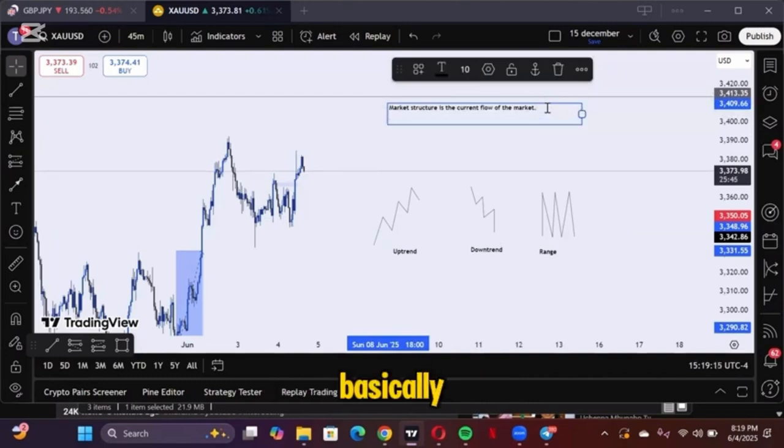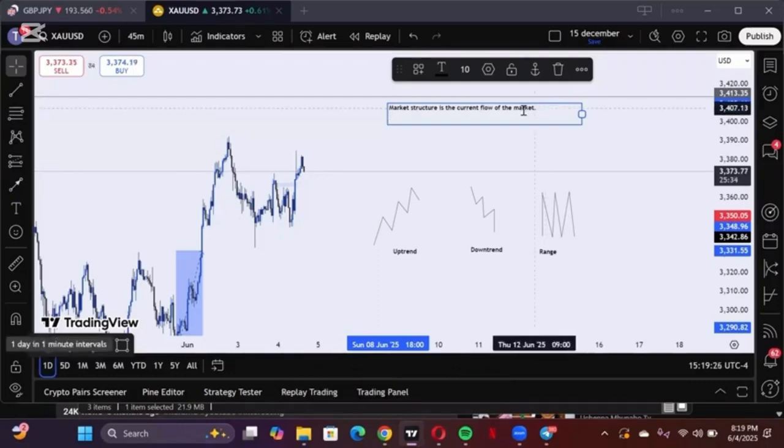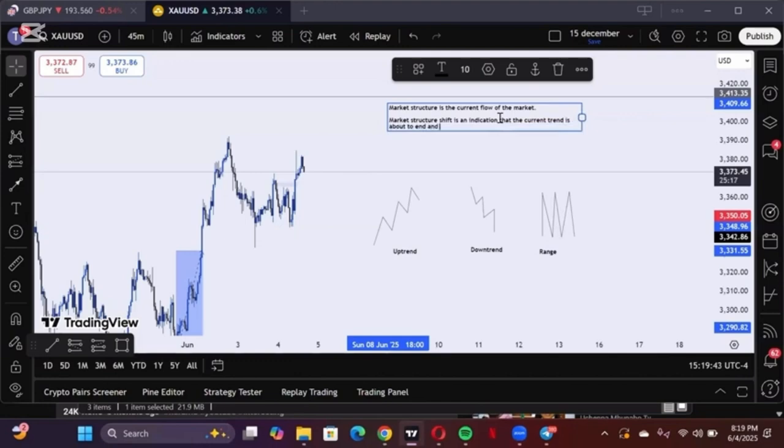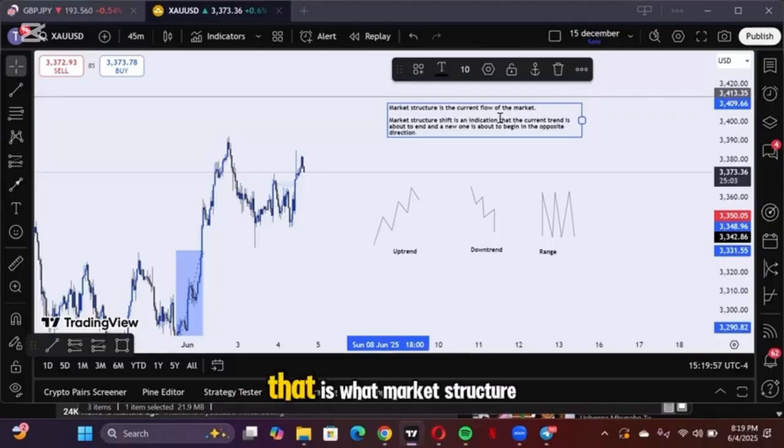So market structure shift is basically an indication that the current trend the market is on is ending and the new one is about to begin in the opposite direction. That is what market structure shift is.